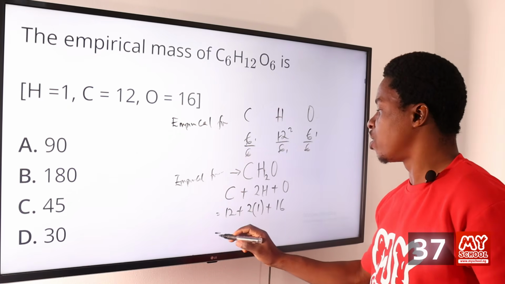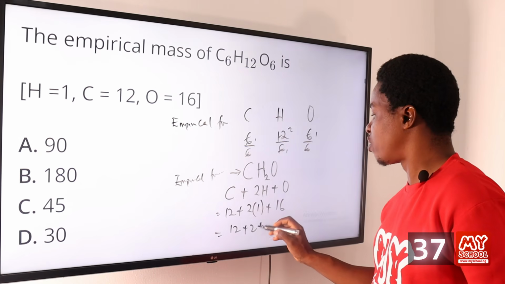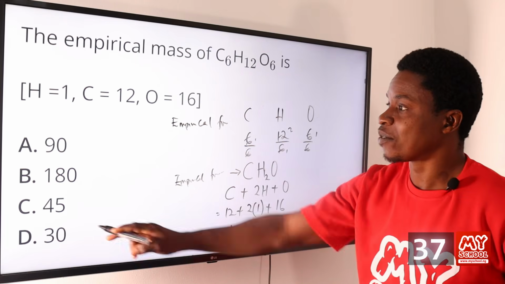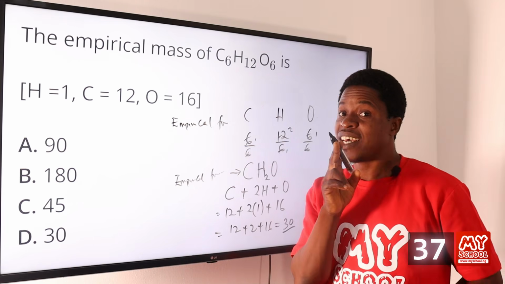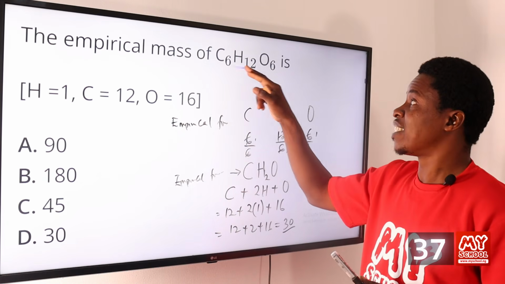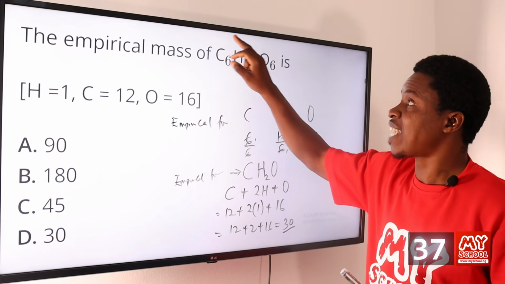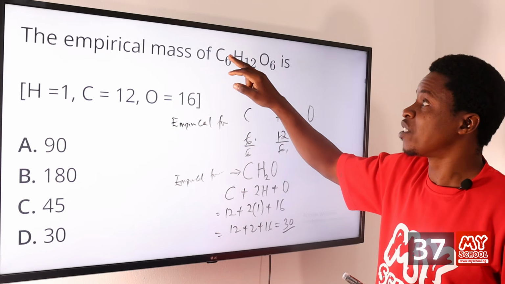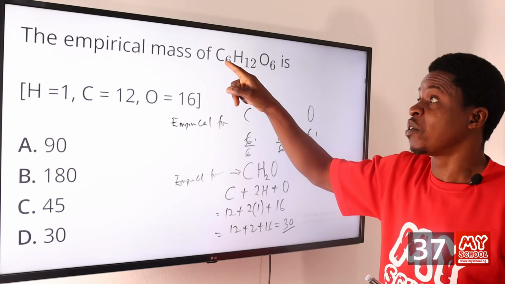By the time you sum this up, that's 12 plus 2 plus 16, so that gives us 30. Now don't get confused, because if you calculate with the molecular formula, you are still going to get an answer there.